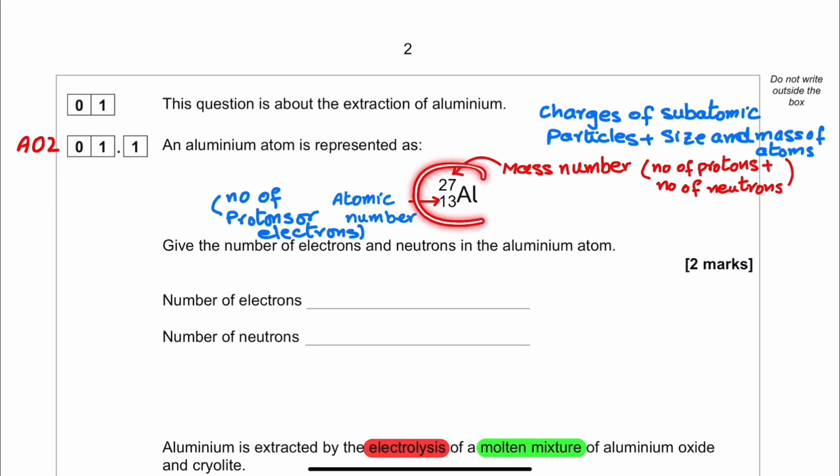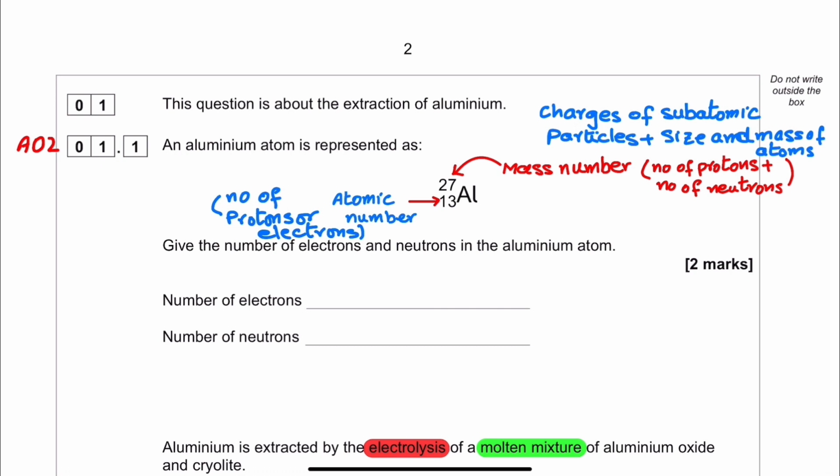In the aluminium atom, the smaller number shows the atomic number and the bigger number shows the mass number. Atomic number means number of protons or number of electrons. Students make the mistake of writing number of protons and number of electrons.